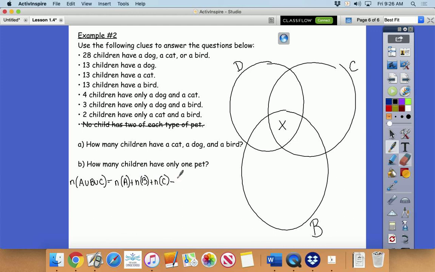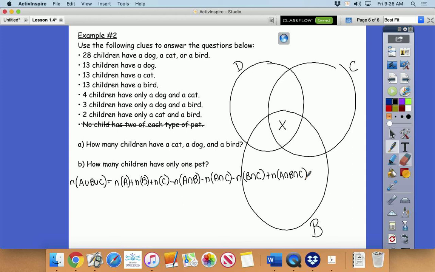Then we're going to subtract, in any order, A intersecting with B, subtract A intersecting with C, and subtract the number of, actually it has to be B intersecting with C. And then we're going to add up all three, meaning the intersection of all three would be B intersecting with C, intersecting with A, all the parts, so all three parts. So this is the formula that we're using right now.